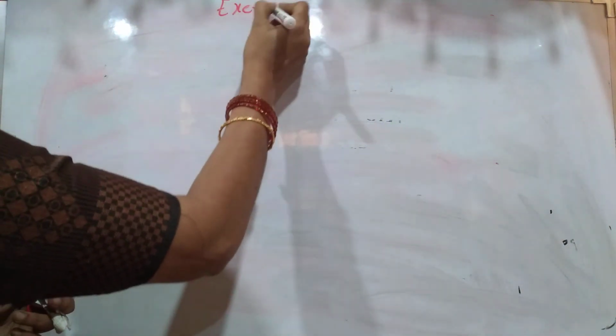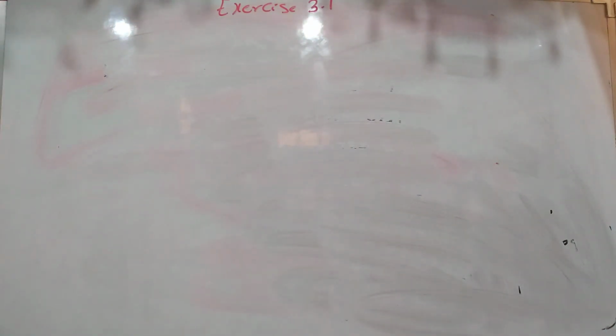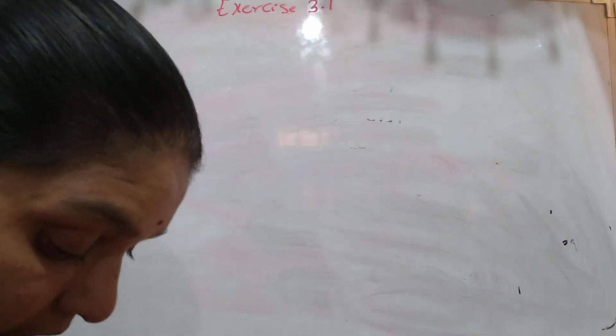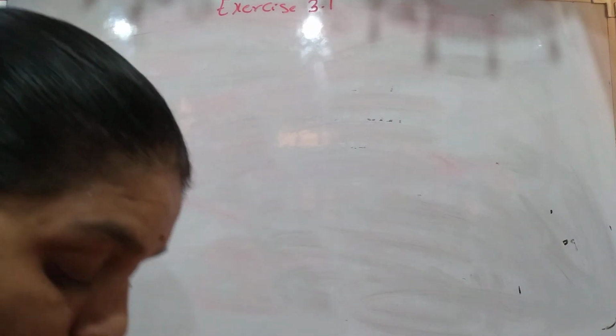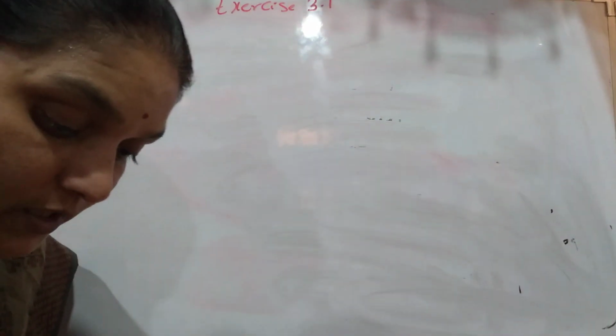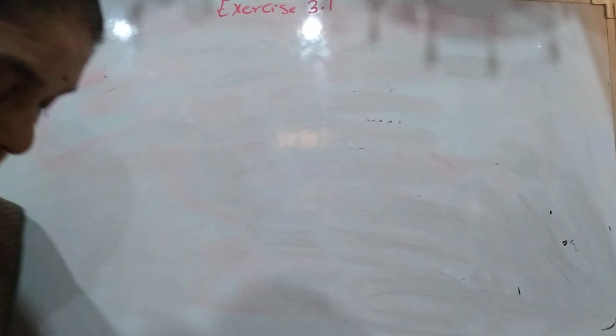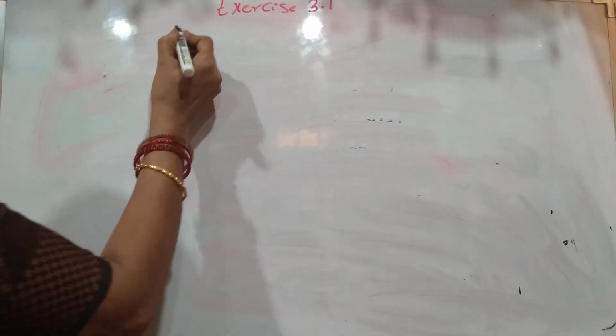Now, you take examples. These are the examples from exercise 3.1. Convert the following angles in terms of degree measure to radian measure.